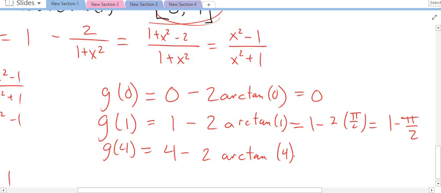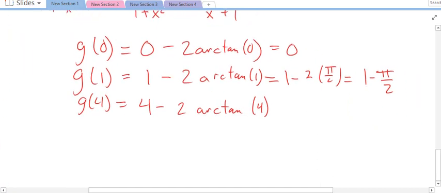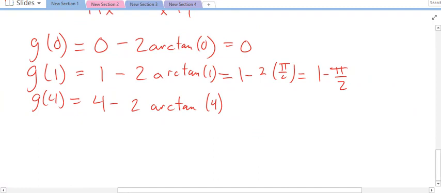You actually, if you have worked with these functions enough, you don't really need to. If you look at this, you know a couple of things. You know that this number here, 1 minus pi over 2, is going to be negative because pi over 2 is about 1.5. So 1 minus 1.5 is going to be something that's negative.